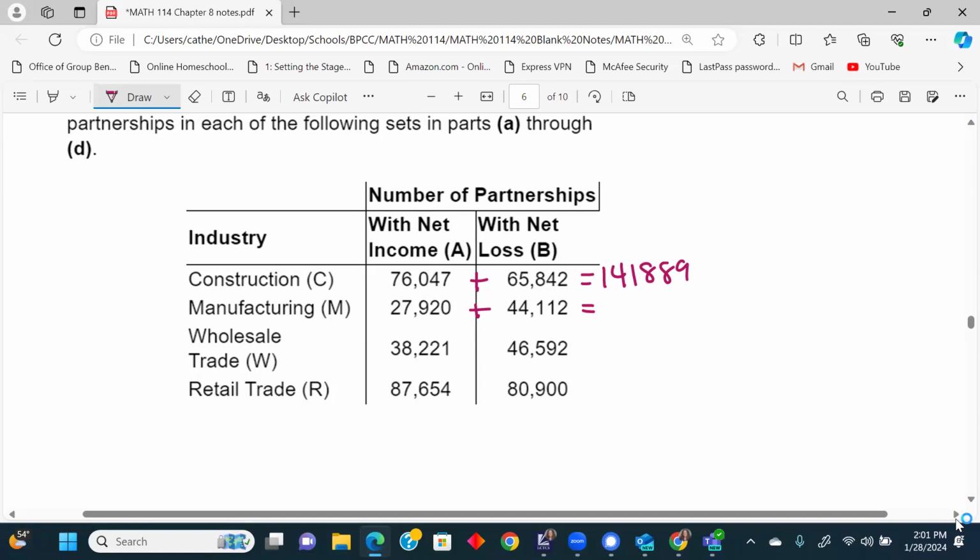I'm not showing you a calculator on these because it's basic calculations: addition, subtraction, multiplication, division. Unless it's something special, I'm not going to display a calculator.